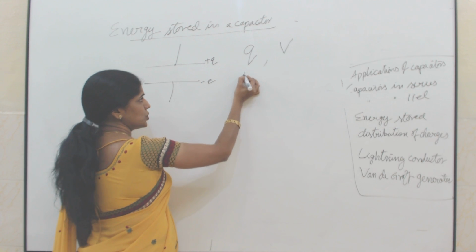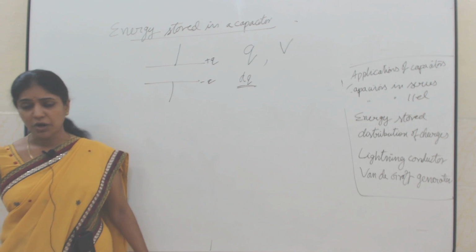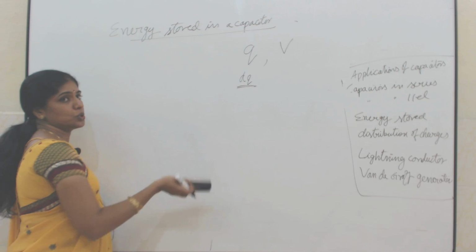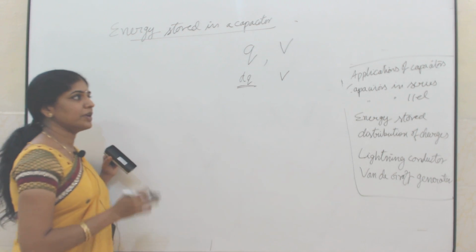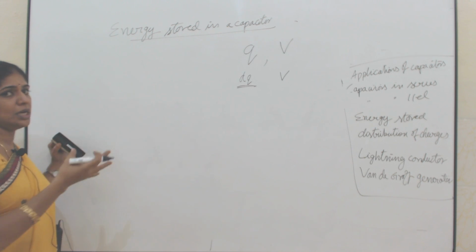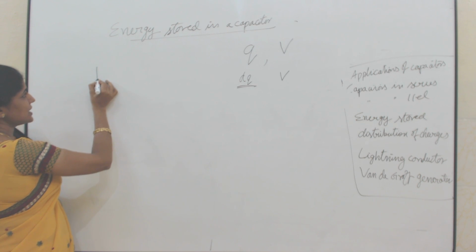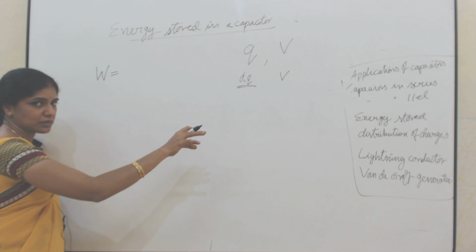Now, I am going to give an additional charge of dQ to this capacitor. Thus, there will be an increase in potential. Let V be the potential developed because of the additional charge dQ given to the capacitor. Now we want to find the work done in storing the charges in a capacitor.